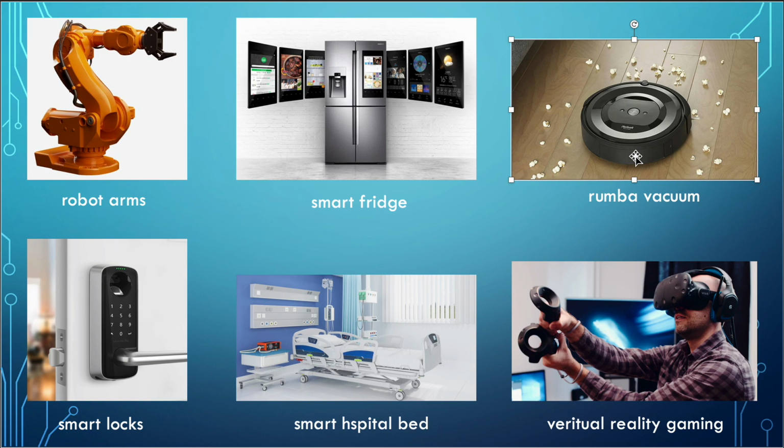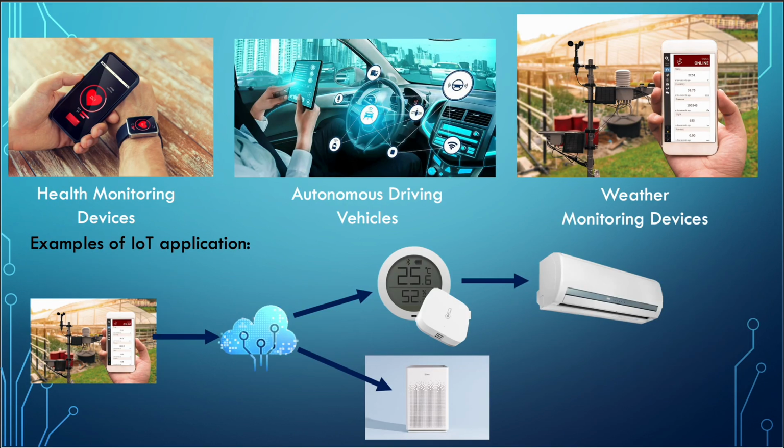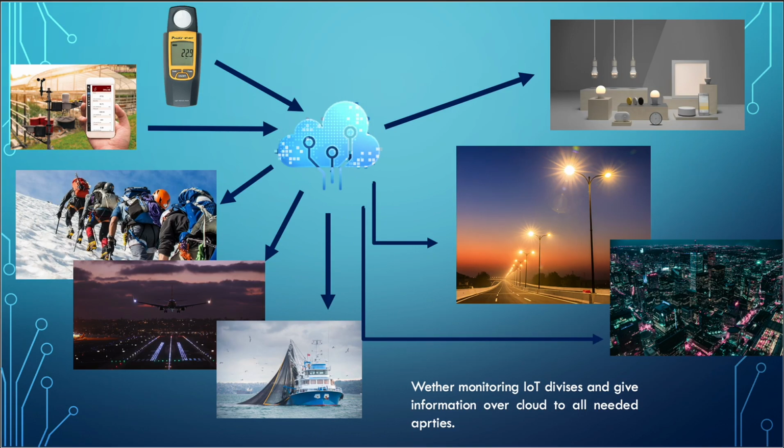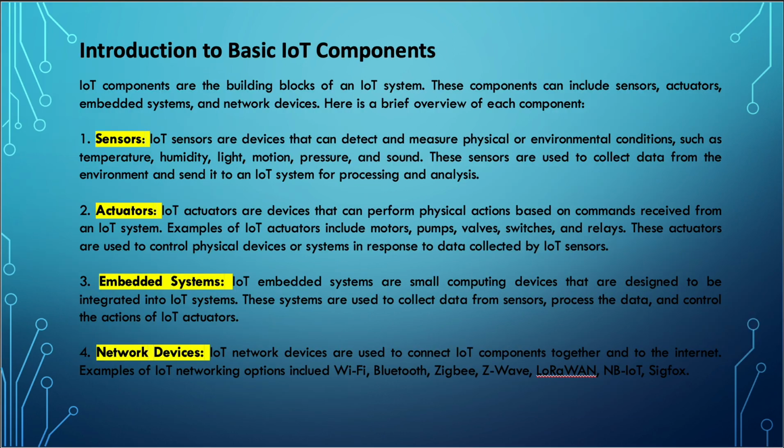So the processing power comes from these embedded devices. By now we talked about these examples again and again. I don't think I need to tell you that each example I gave would need the ability to process data, and for that ability to process data, embedded systems are used.